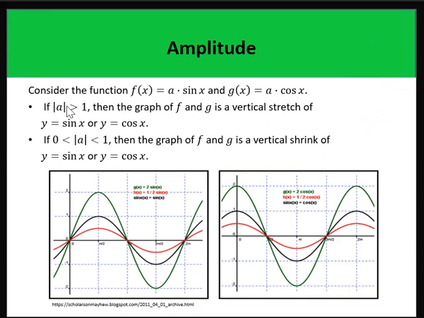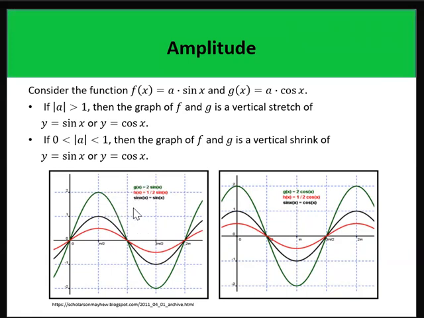If the absolute value of a is higher than 1, then the graph of f and g is a vertical stretch of the basic sine or the basic cosine function. Now, if the absolute value of A is between 0 and 1, then the graphs of f and g is a vertical shrinking of the basic sine and basic cosine function.